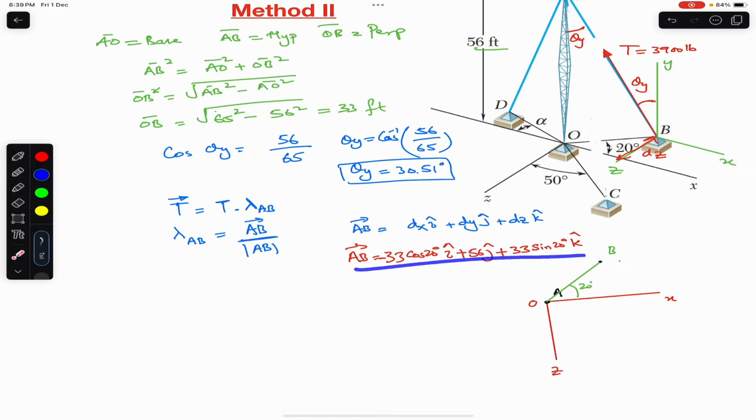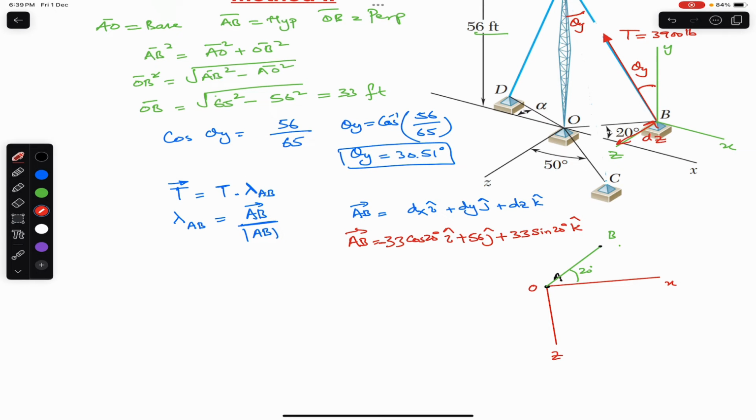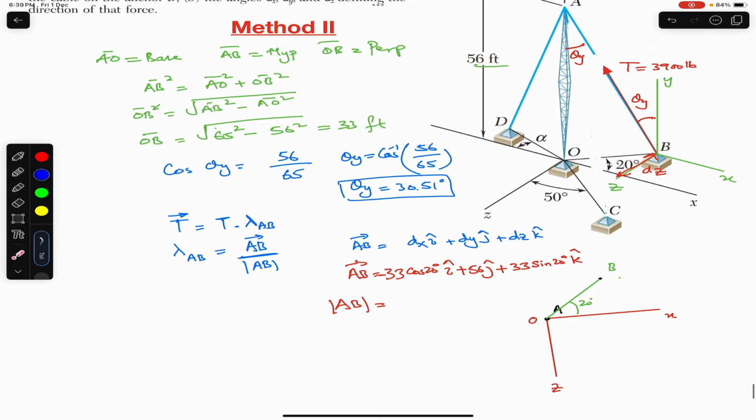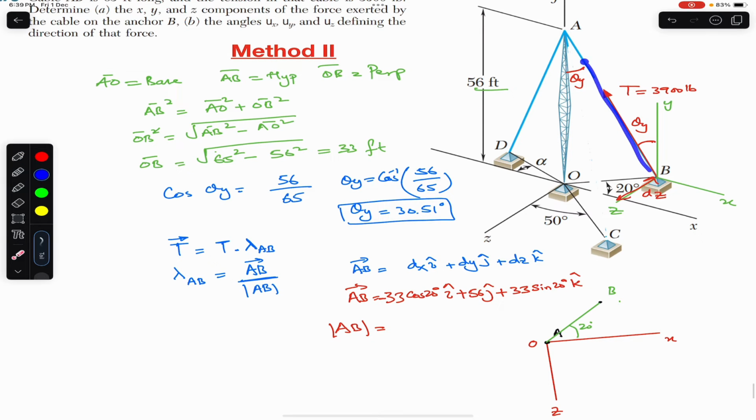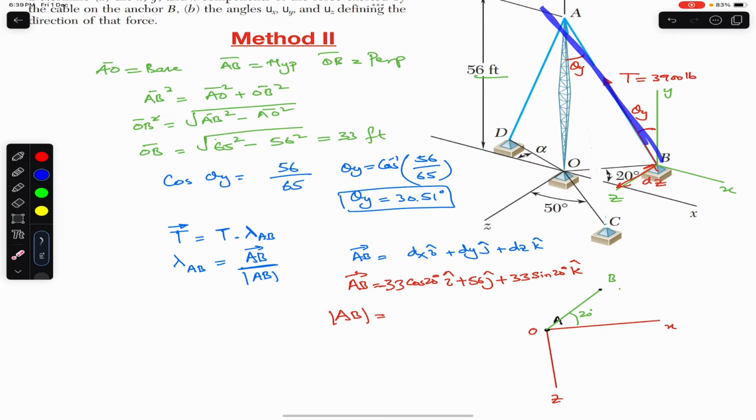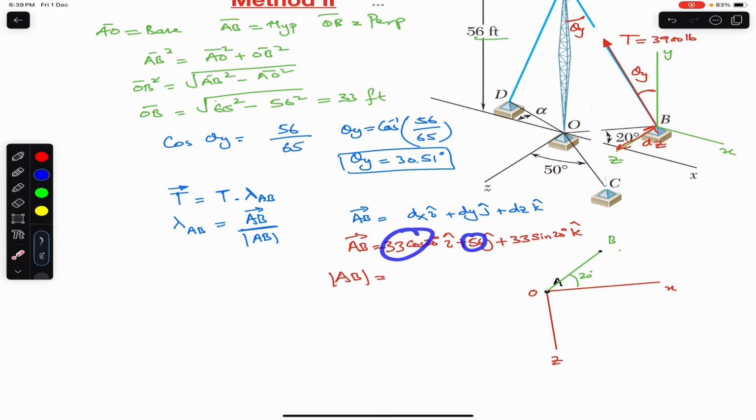And similarly, the magnitude of AB is the length of the cable, right? So that is 65. If we again take the squares of these components of AB and then take the square root by using the Pythagoras theorem, we will get that same 65 feet length. So let's do it.